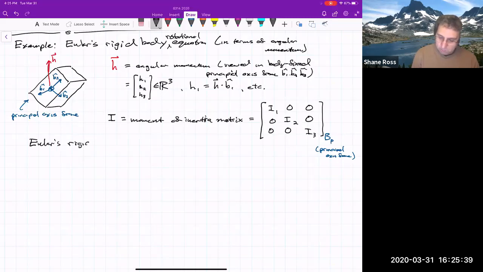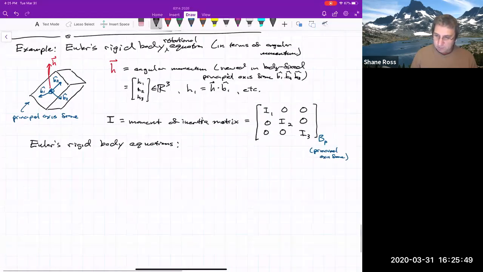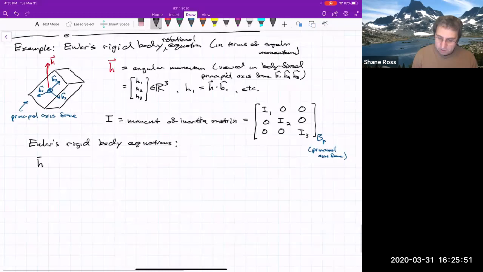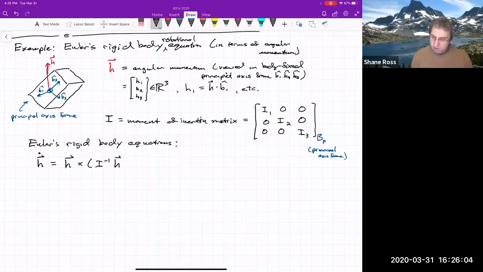Euler's rigid body equations in terms of angular momentum are: the vector H changes in time according to H cross I inverse times H. So there's a cross product and that's it.